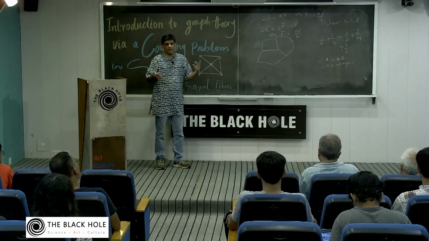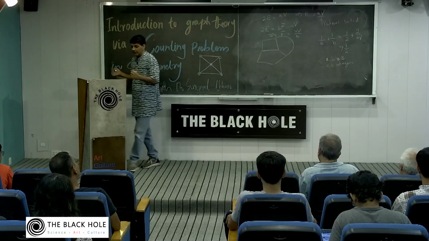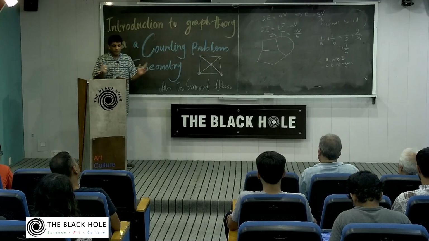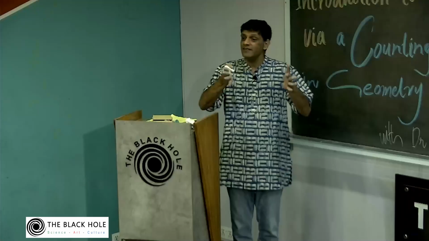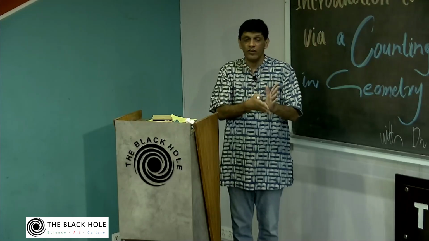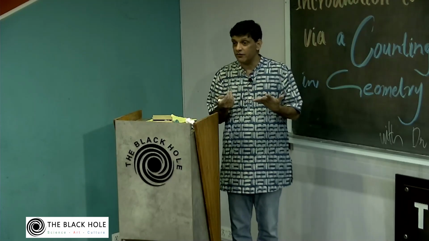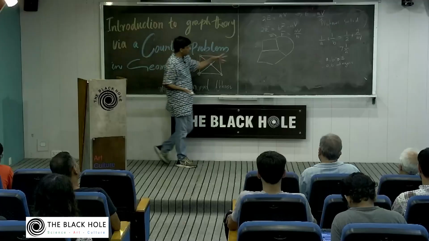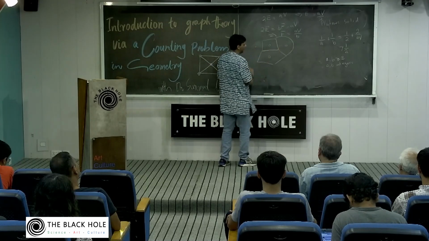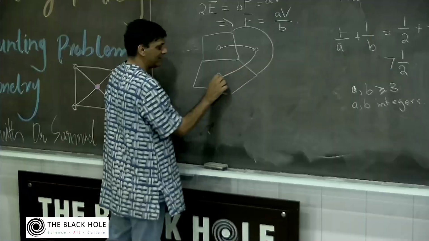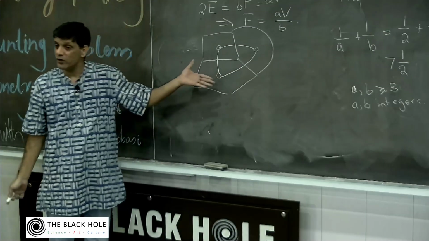And so people wanted to color maps, and the question was, given a planar map, which is a regular map that you get, what's the minimum number of colors you need so that neighboring countries which share a border always have a different color, all right? And you can talk about maps, but what you can do is you can put a vertex inside each country and then connect them, and that's called the dual graph.